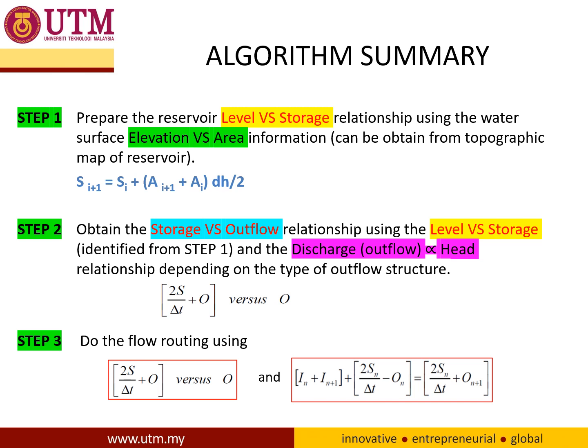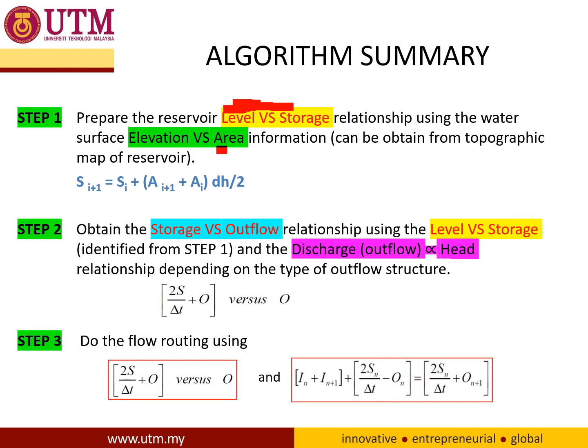There will be an explanation on what elevation versus area is. From the elevation versus area information, we will get the level versus storage. So step 1 is to determine the level versus storage information.